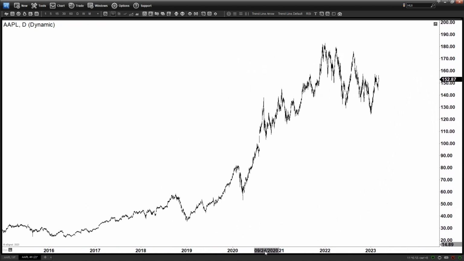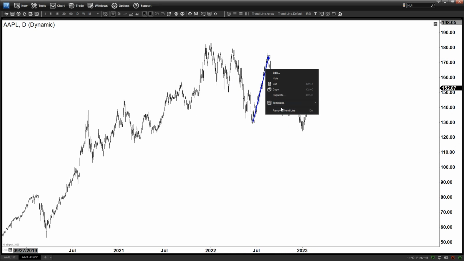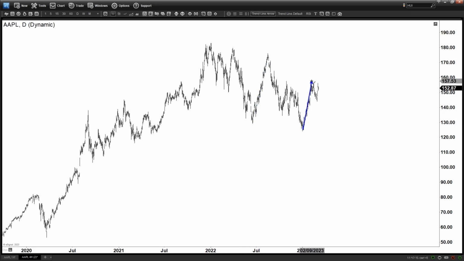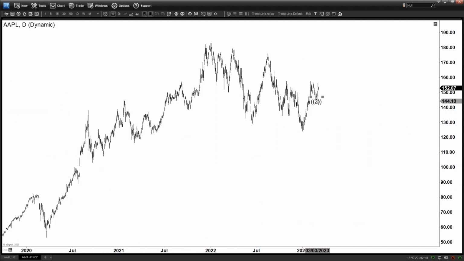Okay, so so far what we see here is not an impulsive structure from the peak. It is corrective. You can see this structure here is overlapping and corrective. Okay, and this rally, I think this is clear impulse, right? It looks clear impulse to me. So that will be ending your 1 and 2 here. So we're looking for the wave 3 higher, and we're still in the process.